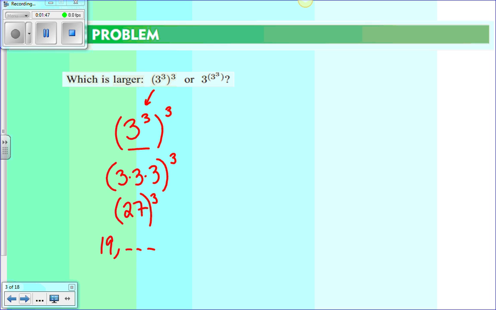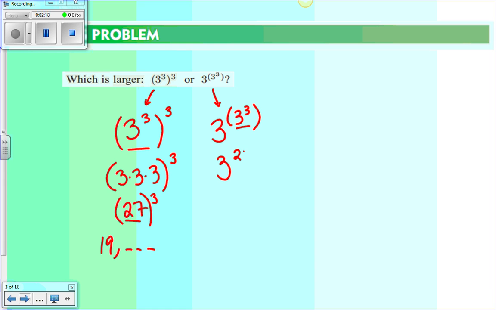Pretty big number. So let's check it with this one, 3 to the power of 3 cubed. With this problem, let's start that over. 3 to the power of 3 cubed. I'll have to evaluate that first. So we get 3 to the power of, now we've already figured out what 3 cubed is. We did that right here with the 27.